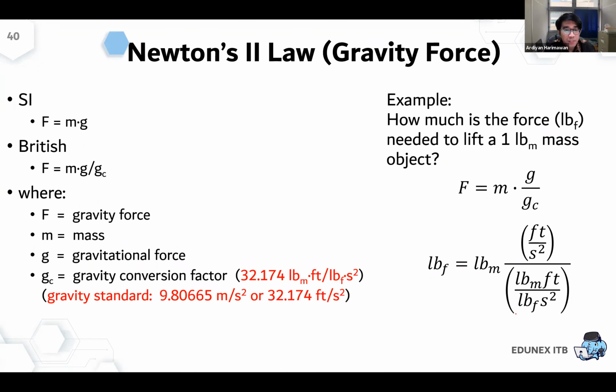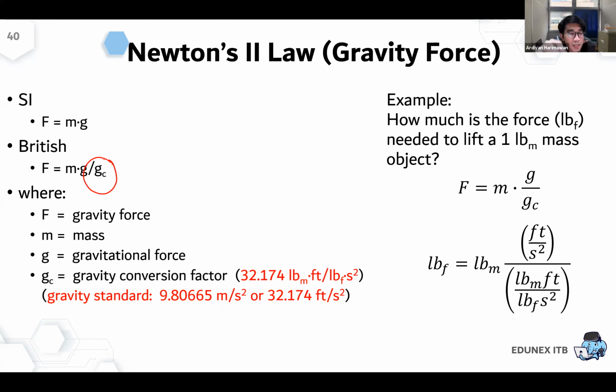Okay, this one is basically just a conversion. I think during your basic physics, you already learned about the concept of the gravity conversion factor, or GC.